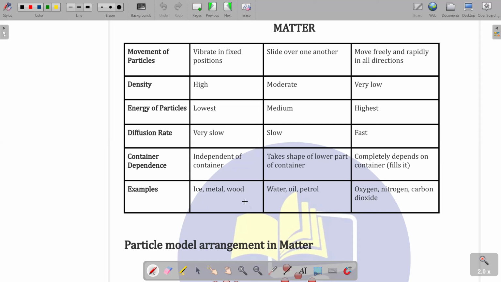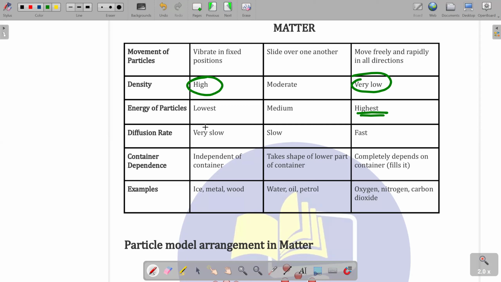Also, talking about density, gases have the lowest density of all, and the density in solids is highest. Looking at energies of particles, gases have the highest energy. That's why the particles can continually be in motion. The energy of particles is lowest in solids. That's why they are rigid and they vibrate in fixed positions.